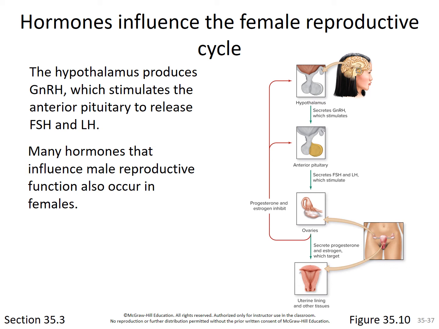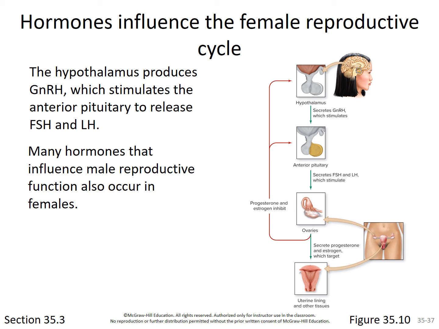And so I would probably say in that paragraph that many hormones that influence female reproductive function also occur in males. So you may have noticed that you've got FSH and LH in both of them, and FSH is involved with cell production in both males and females, and LH is involved in hormone production in both males and females.